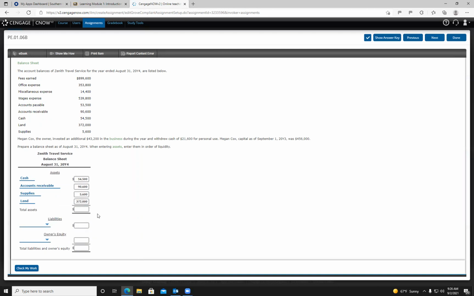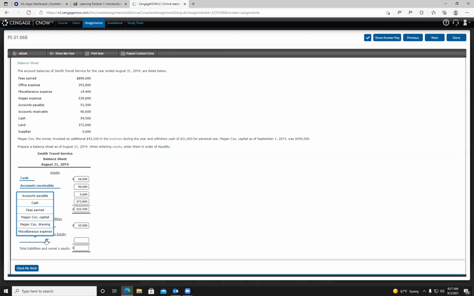All right, so what we'll do at first is add up all of our assets. Next we move on to our liabilities. We only have one liability, and that's our accounts payable. The balance for our accounts payable at the end of the year was 53,500.